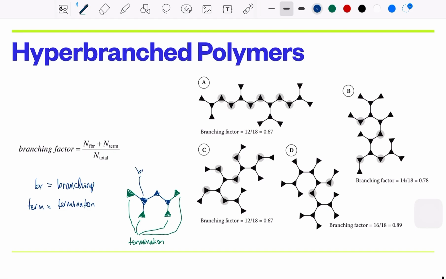This is for the branching, and it's also branching. The one in the middle is not branching, not termination.